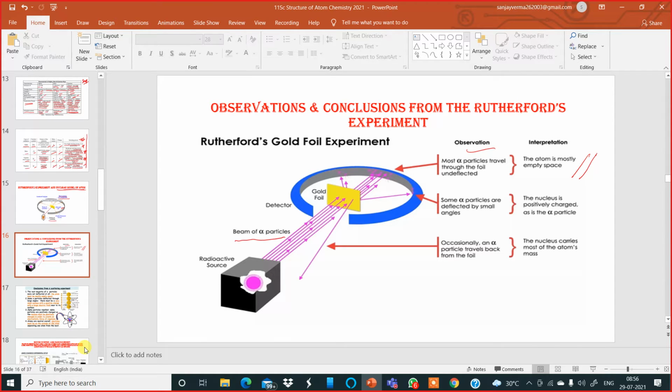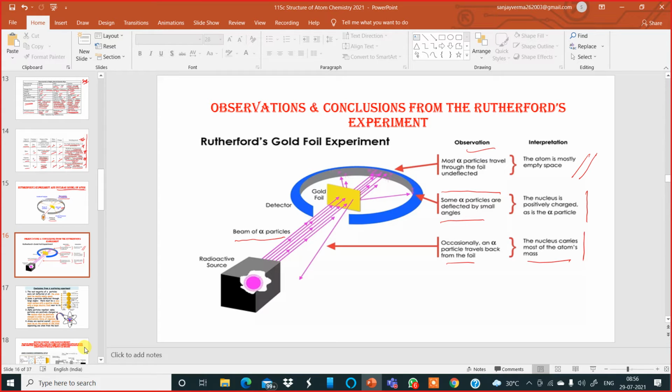The second observation was that some alpha particles are deflected by small angles, proving that the nucleus is positively charged, as is the alpha particle. And occasionally, an alpha particle travels back from the foil. Only very few of them, one or two, bounce back, which proves that the nucleus carries most of the atom's mass, and that the nucleus is a very small, tiny space inside the atom.